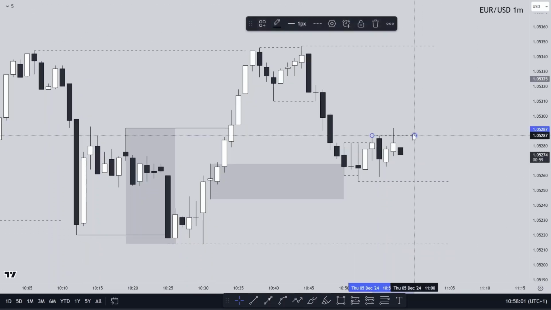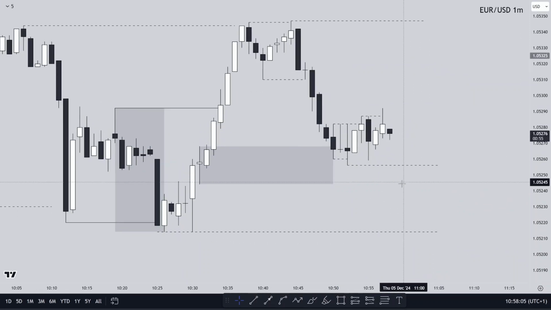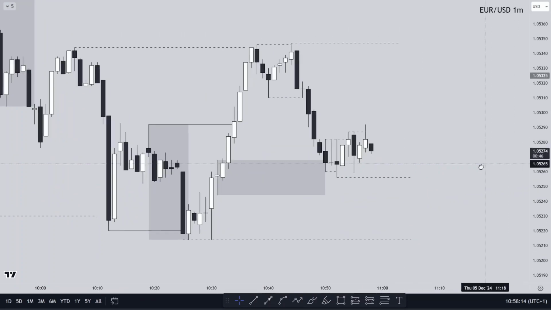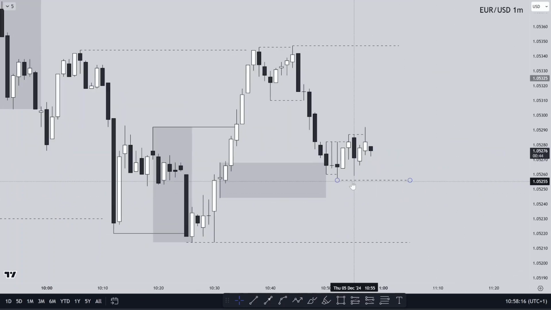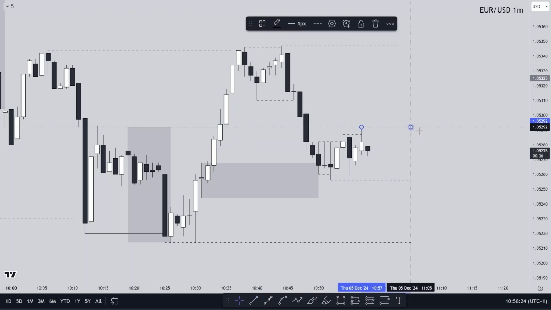So price closed below this level, so let's see if it can reach the minimum or not. It's stuck in this range right now, so let's wait.